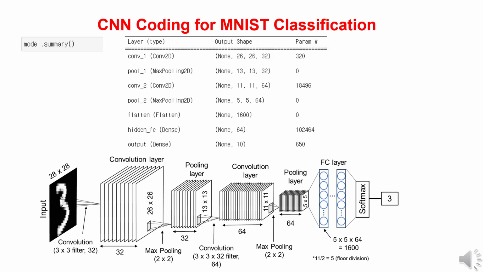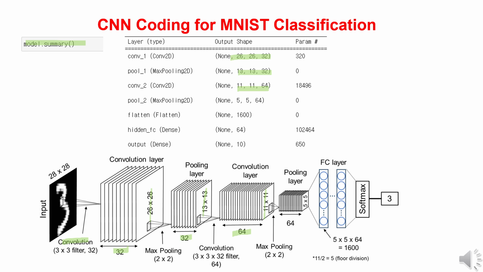We can use the model.summary command to check the structure of the CNN model we've built. The first convolutional layer outputs a feature map of size 26 by 26 with 32 channels. The following max pooling layer reduces this to 13 by 13 by 32. Then, the second convolutional layer produces an 11 by 11 output with 64 channels.